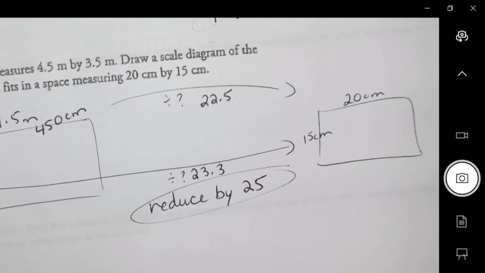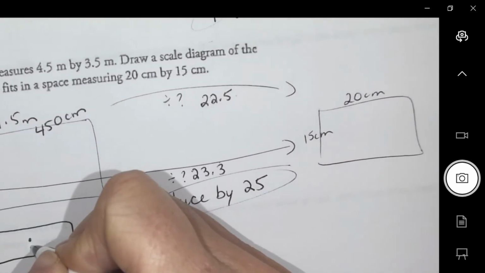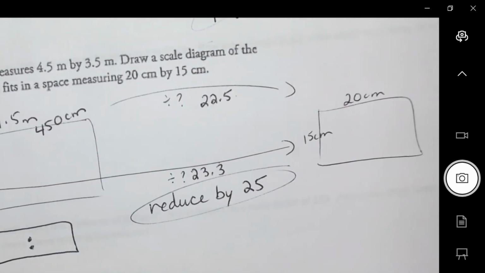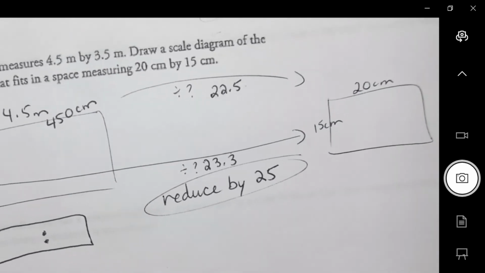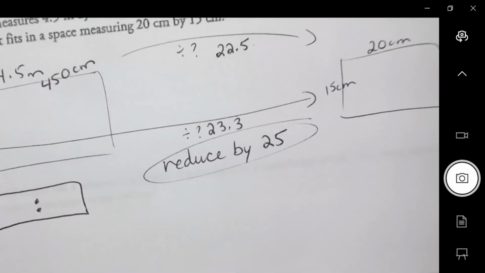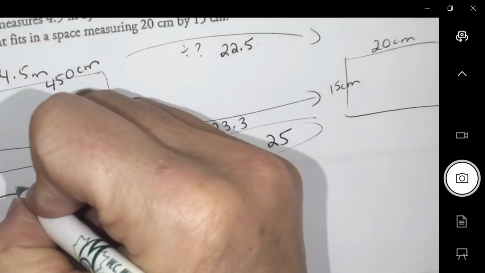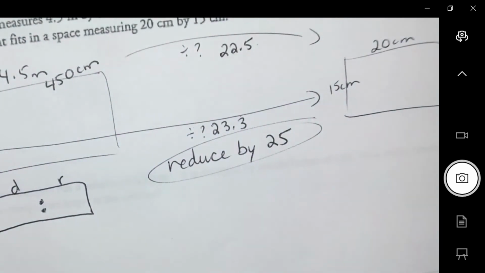Okay, so when we talk about a diagram model here, a ratio, 1 to 25 or 25 to 1. Our diagram has to go diagram to real life. So where would you put the 1 and where would you put the 25?